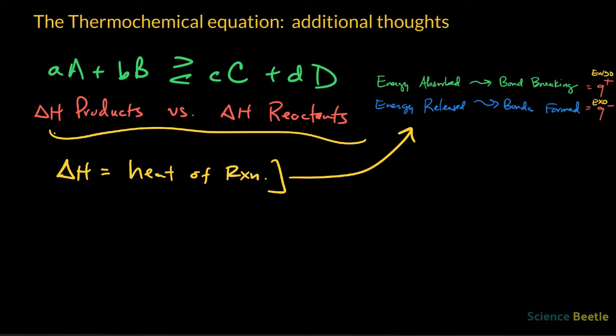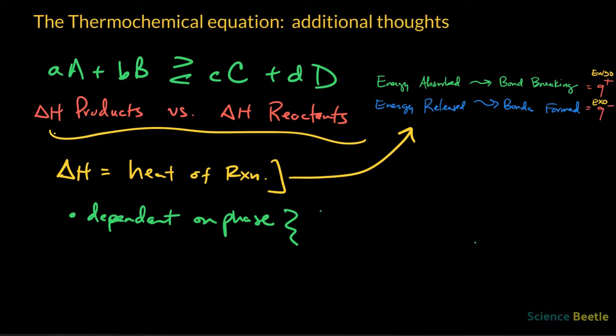Now, a couple of important points I want to make about delta H is that delta H is going to be dependent on the phase of the particular substance that you've got. And so what does that mean? It means that depending on the phase, you could release more or less energy.